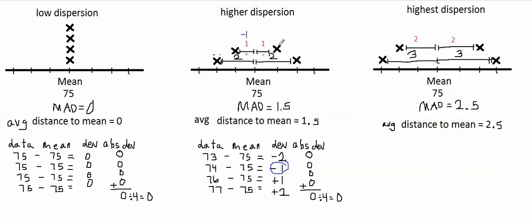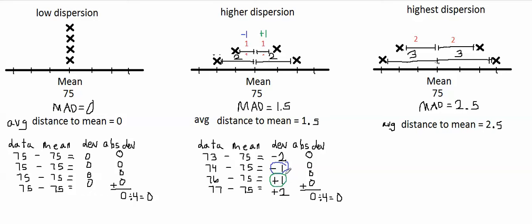This person who got an exam score of 76 is 1 above the mean. So their exam score is 1 above the mean of 75. So their deviation would be a +1. That's where this +1 comes from.